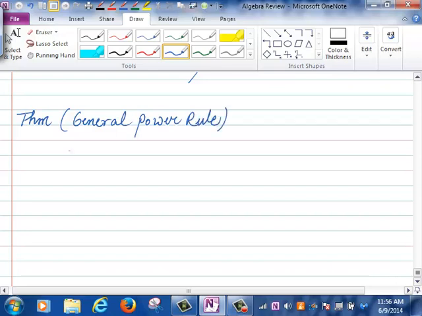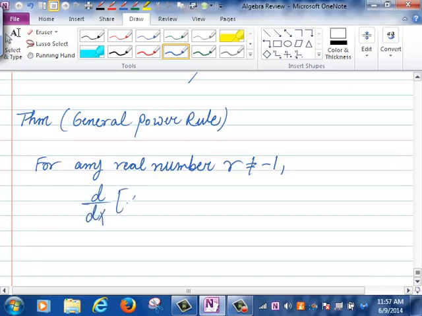The general power rule is that for any real number r not equal to -1, the derivative with respect to x of x to the r is r times x to the r minus 1. This is the general power rule.